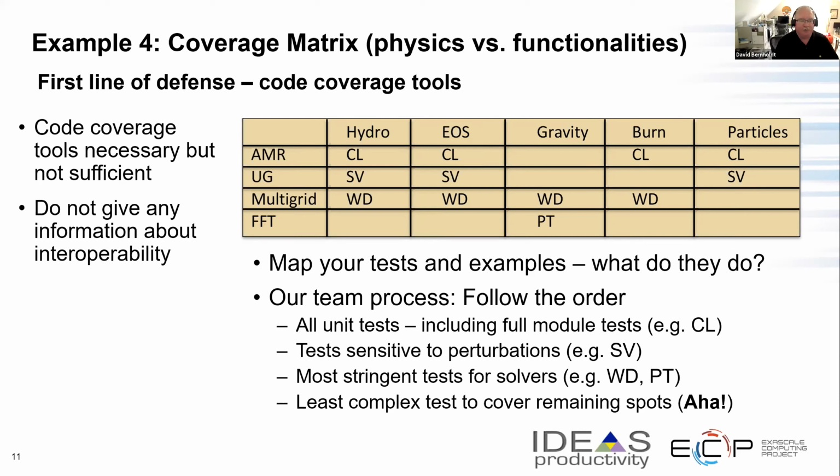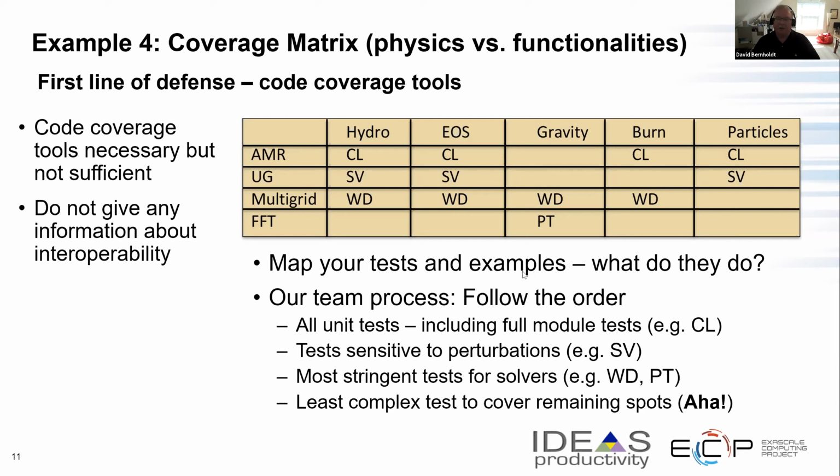So a useful strategy for that is to map out your code in a matrix like this, where you're putting the modules across the rows, and across the top, you have the different kinds of physics, essentially, that you want to model.